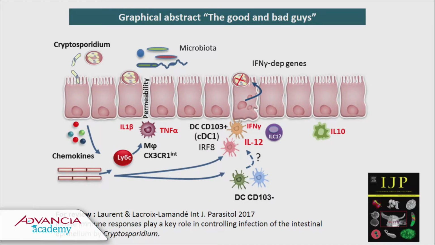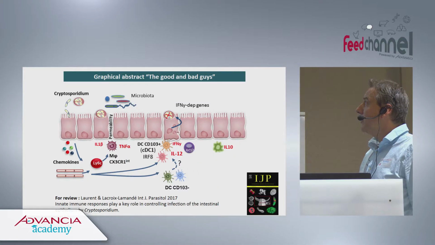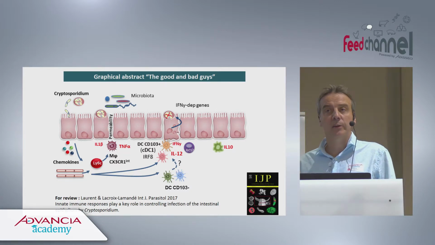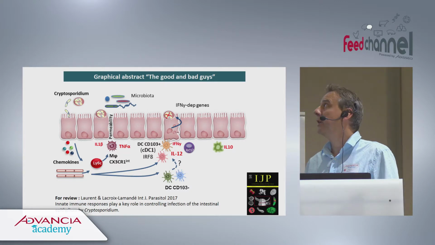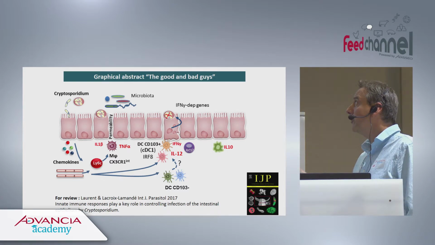So to summarize the very first part, just imagine for this model, you have Cryptosporidium coming into epithelial cells, and the chemokines attract immune cells into the lamina propria. Some of these cells, inflammatory monocytes, are more involved in the increase of permeability, and we know that there's acute diarrhea in young cows, so maybe that's one of the mechanisms.